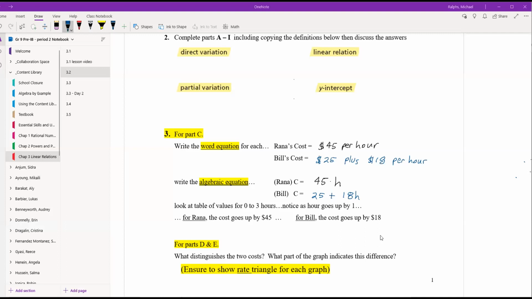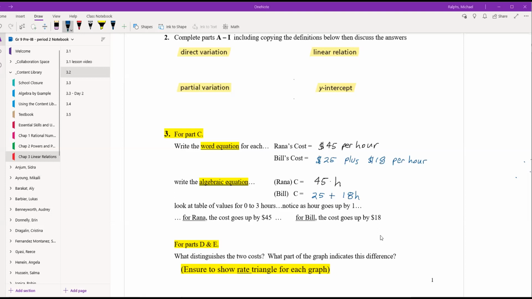But the 25, that's a constant because that 25 will always be 25. Okay, so Rana's repair equation is direct variation because the cost varies directly with the number of hours that are worked. Bill's is partial variation because his charges vary partially with the number of hours worked and the constant amount that's added on there.